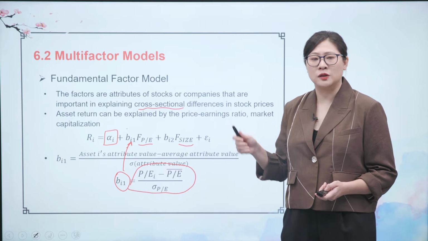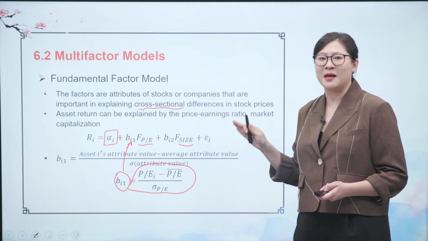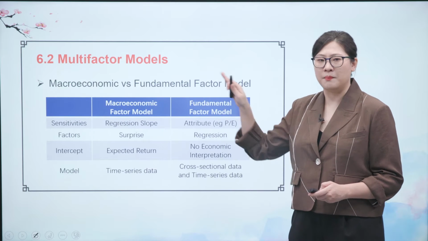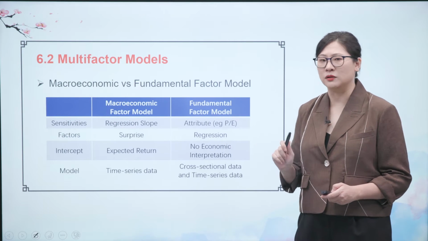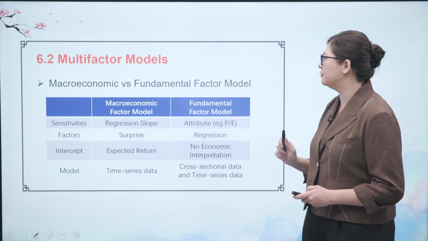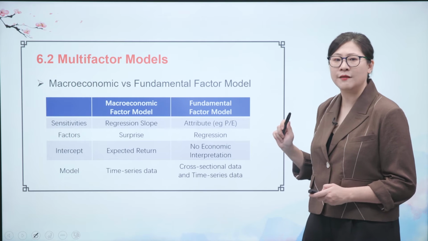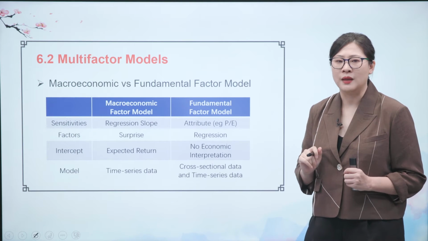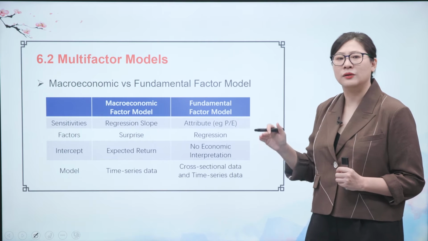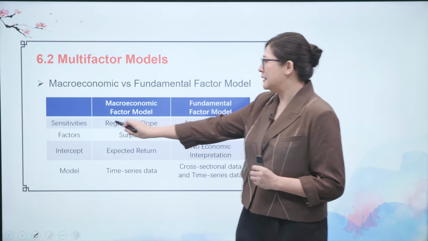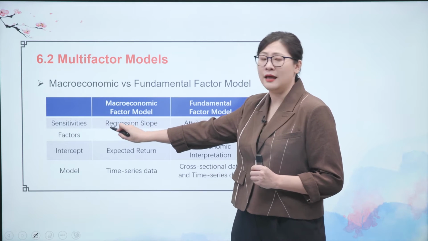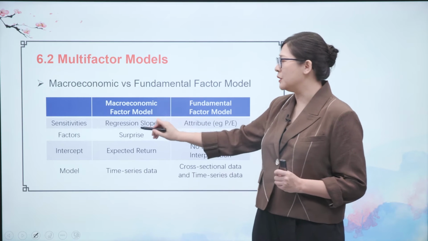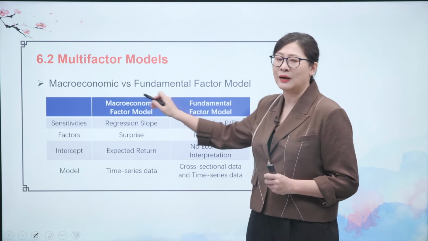Okay, after introducing the fundamental factor model, we will compare both of them, the macroeconomic factor model and the fundamental factor model. The main difference is that in the macroeconomic factor model, the factor sensitivities B_i1, B_i2 are based on the regression slope.